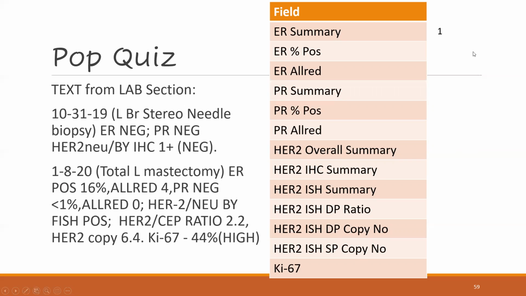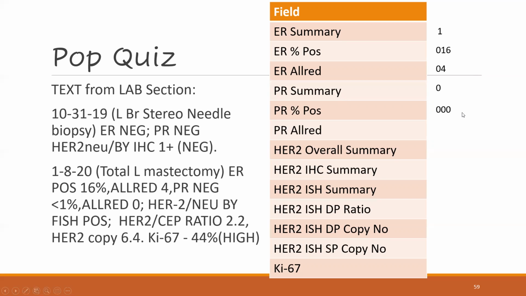Our ER percent positive was 16%. Our ER all red was stated as 04. Our PR in both specimens was negative. We did have a percent of PR negative less than 1%.